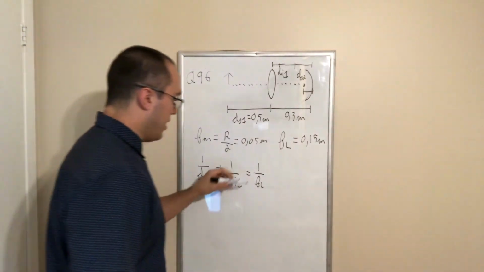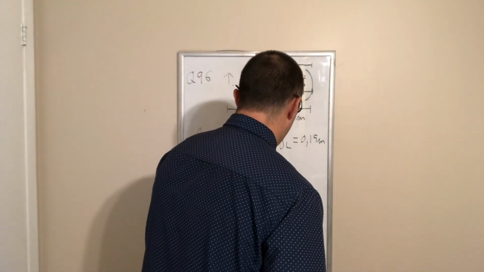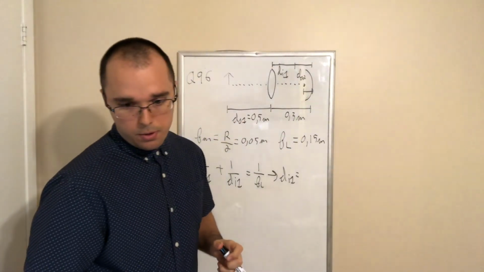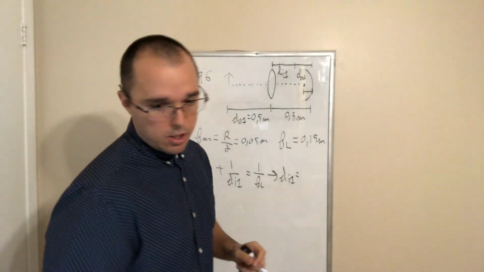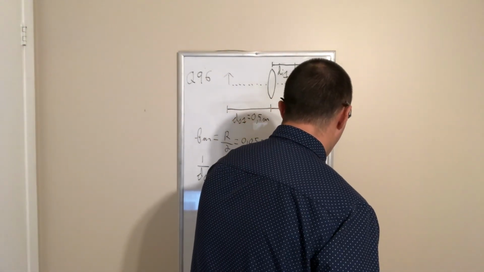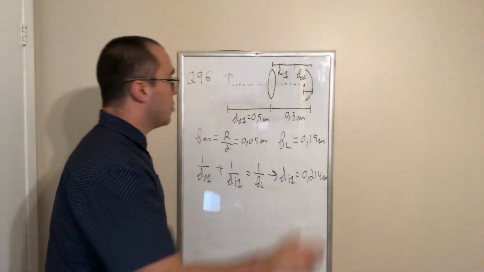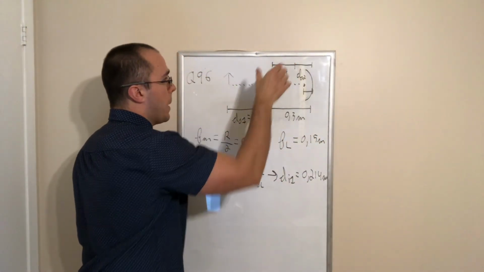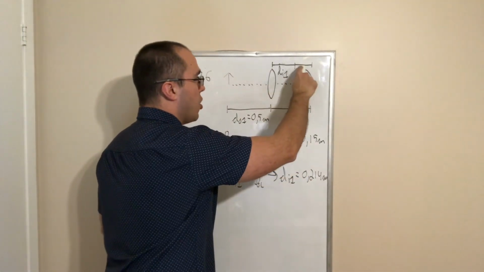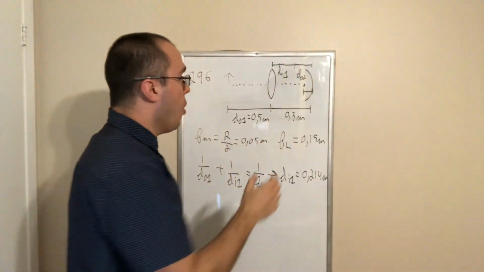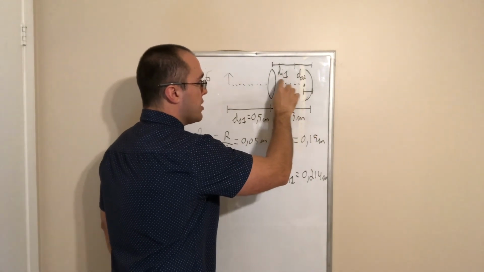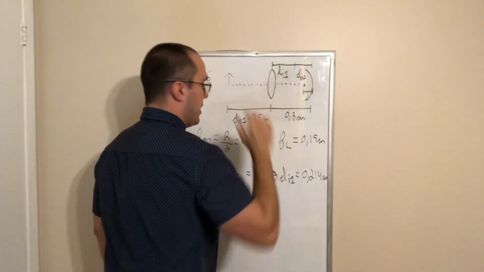All right, so if we input all the values that we have, we get a distance of the image of 0.214 meter. So this is the distance over here. But just like I mentioned, this is not the distance of the object. We need to take 0.3 minus the distance of the first image to get the distance of our object.